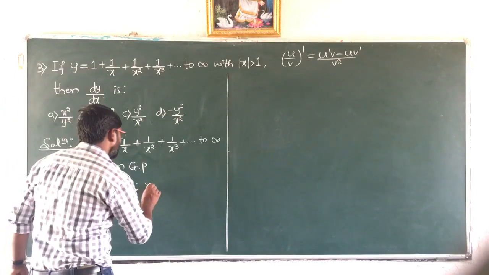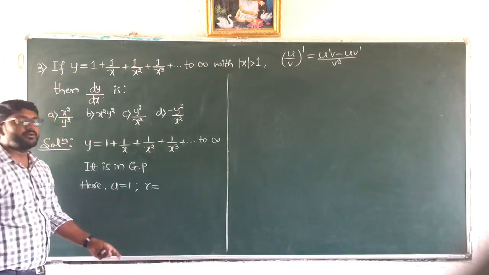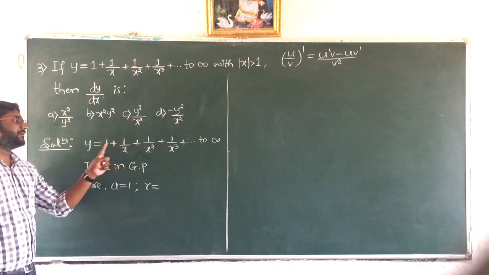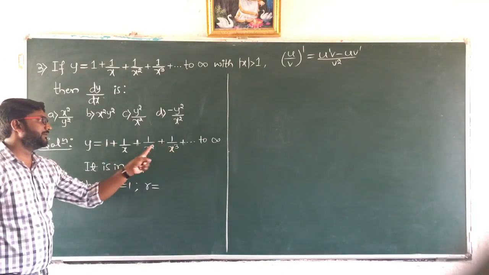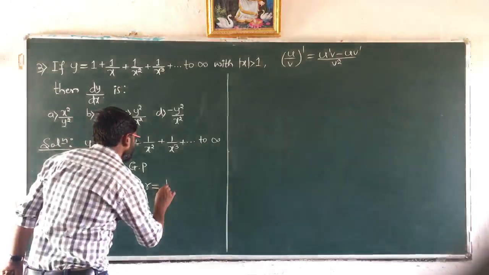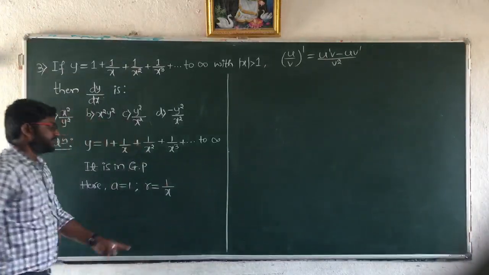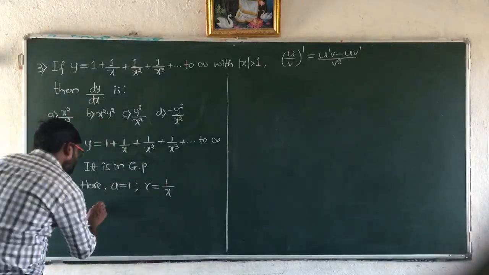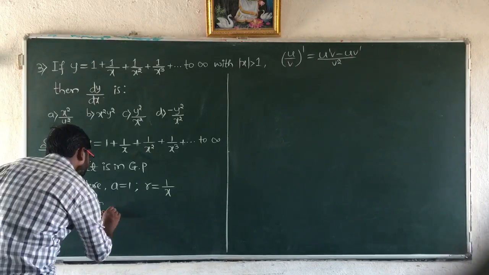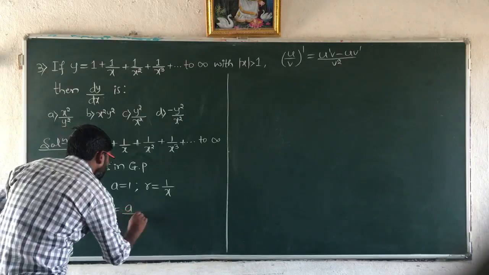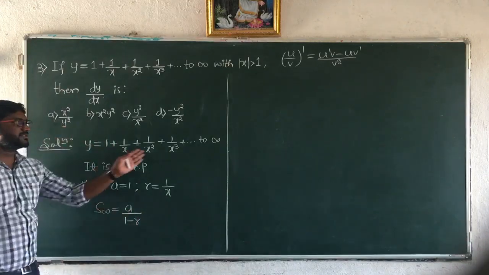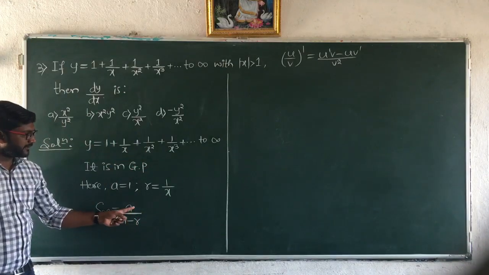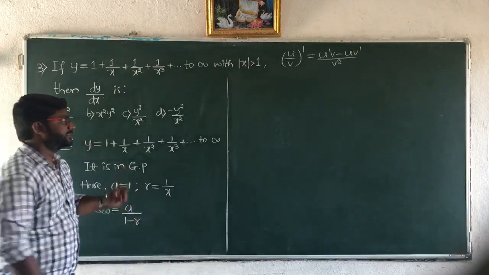Then r, common ratio. How do you find the common ratio? A2 divided by A1 or A3 divided by A2 or A4 divided by A3. So we get 1 by x. The common ratio it is 1 by x. And in geometric progression we have S infinity formula. It is A divided by 1 minus R. Sum of terms up to infinity is given by A divided by 1 minus R. Let us substitute here.